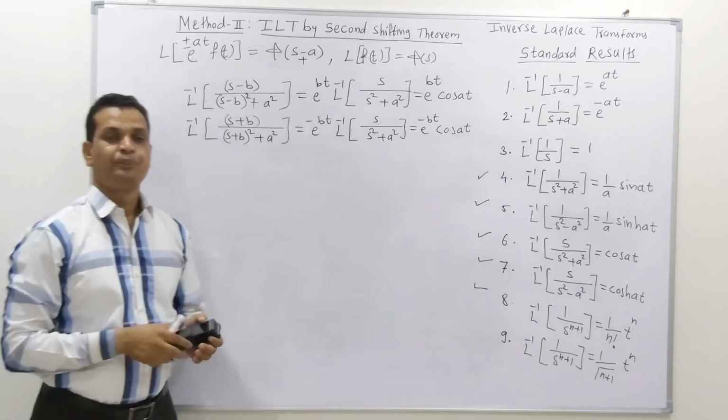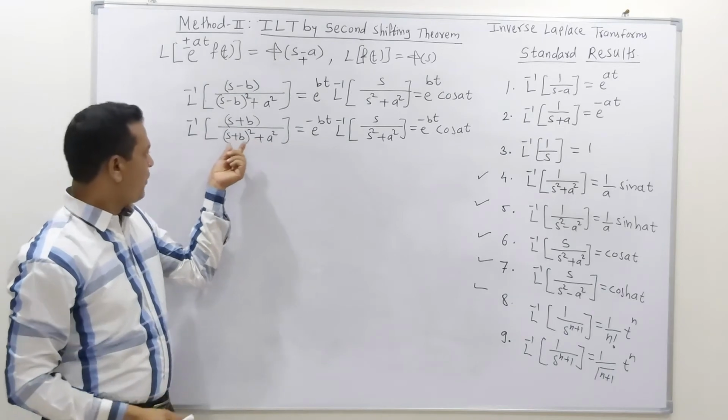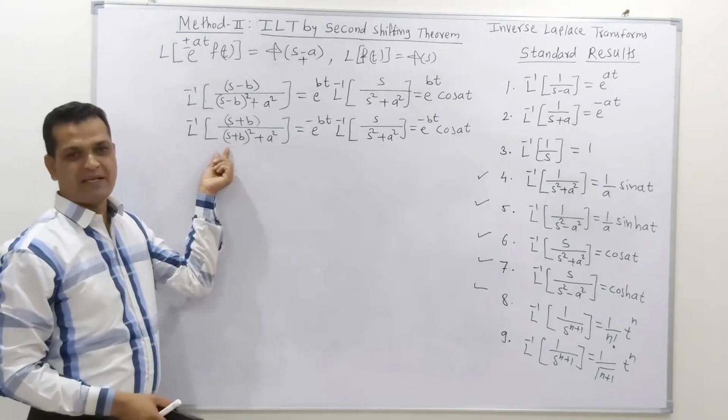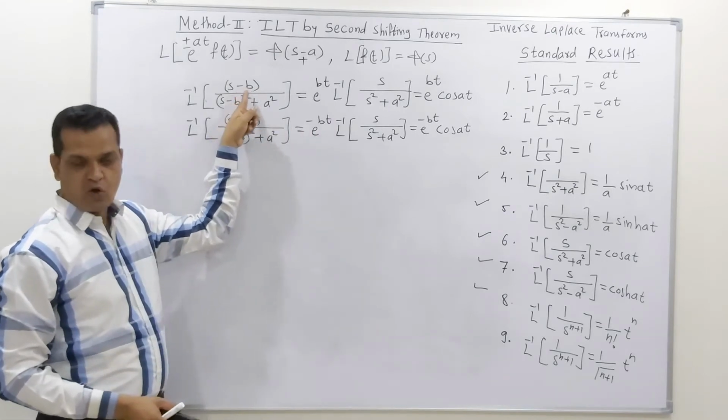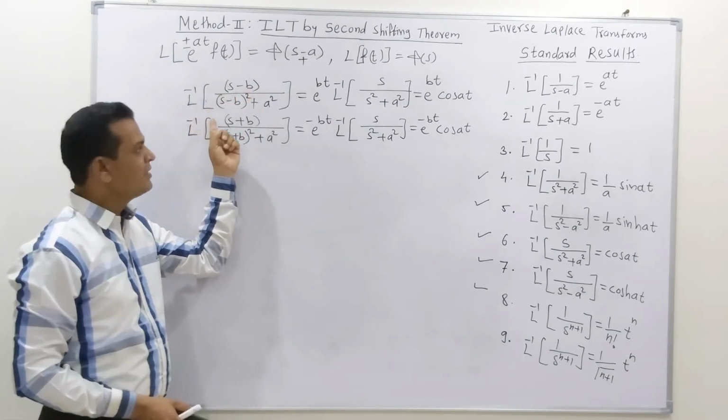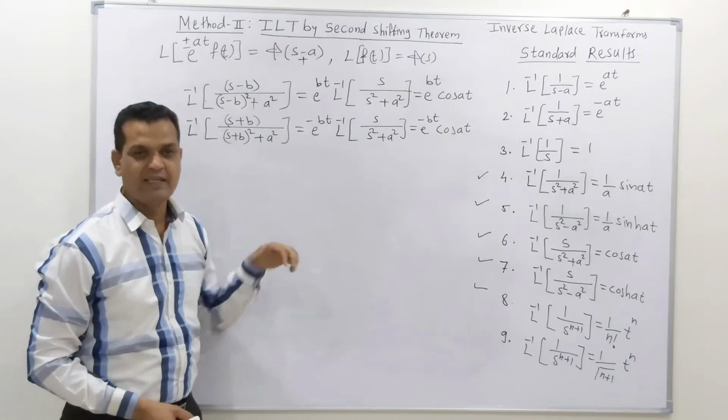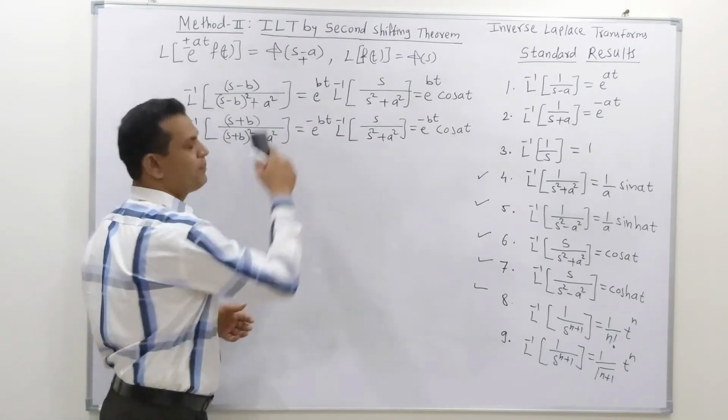So in simple words, when we add any constant term to the parameter s, then we write this as e raised to minus bt. When we subtract a constant from parameter s, then we write this as e raised to plus bt.